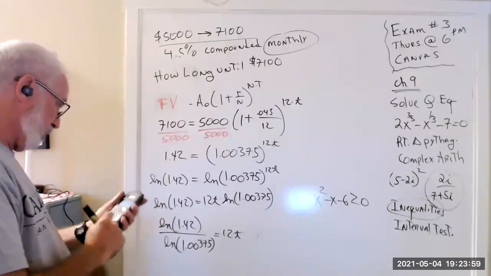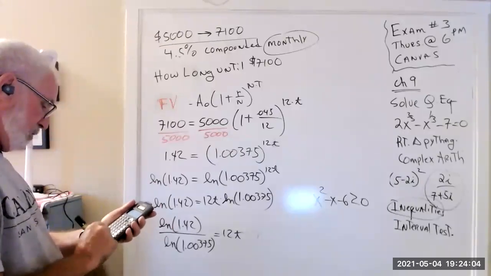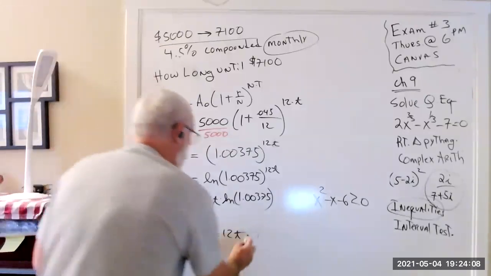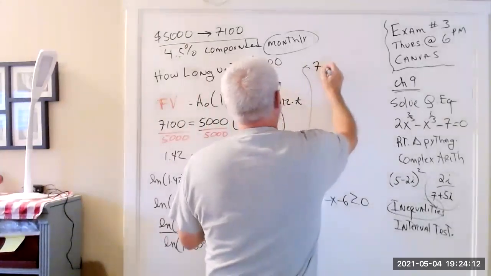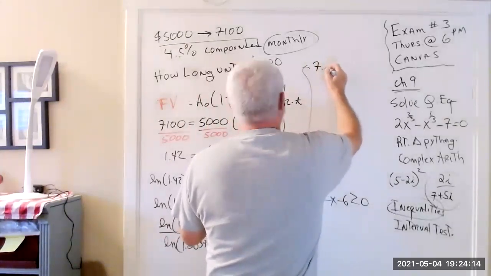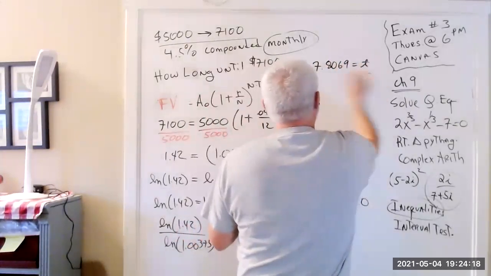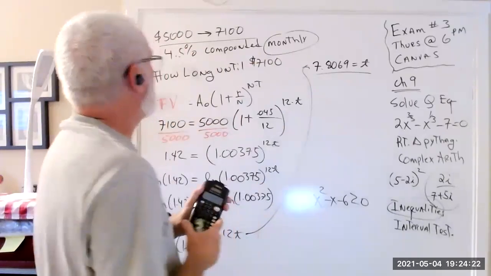Got some ugly number. Then I divide it by 12. I get 7.8069 equals t. Remember, t is time.